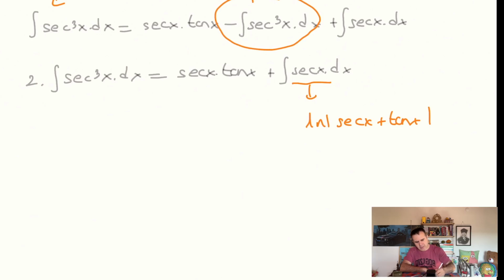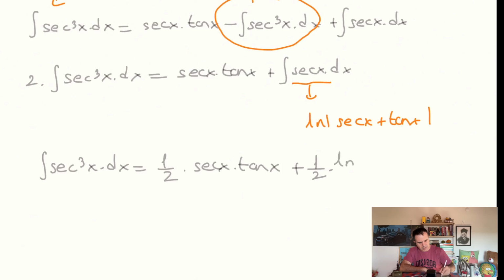Okay, then we see that the integral of sec cube x dx will be equal to 1 over 2 times sec x tangent x plus 1 over 2 times ln absolute value of sec x plus tangent x.